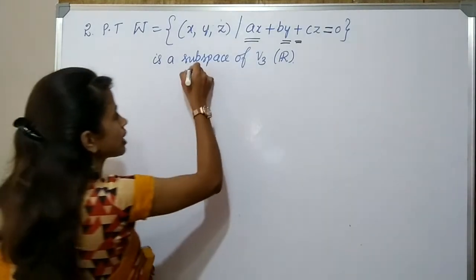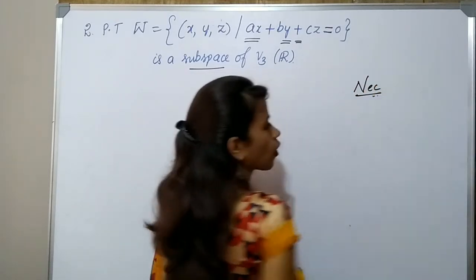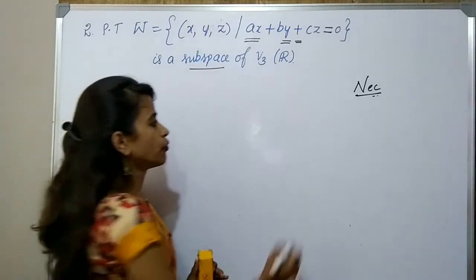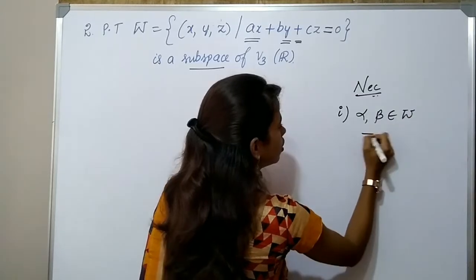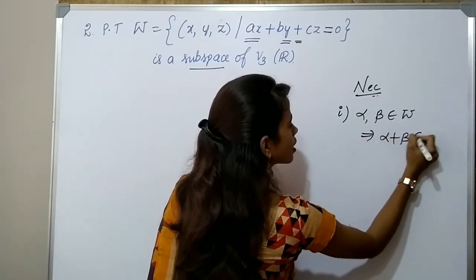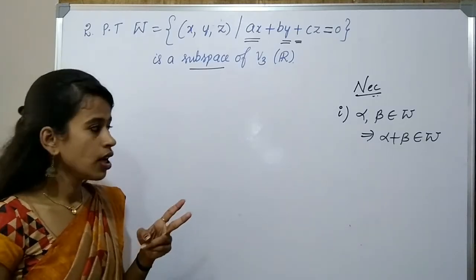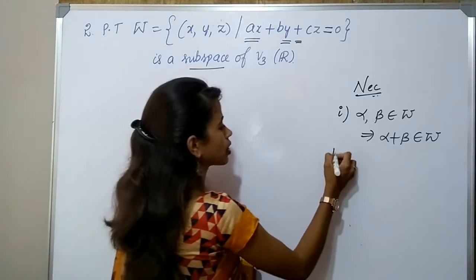To be a subspace, what does the necessary and sufficient condition say? First condition: take alpha, beta belongs to W, and check whether alpha plus beta belongs to W. That is, take any two elements and check their sum. What about the second condition?